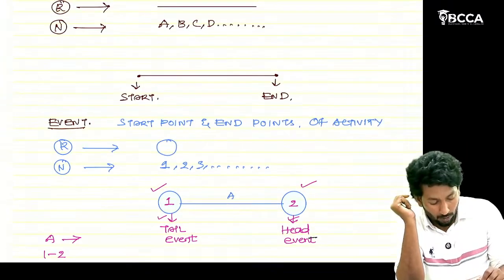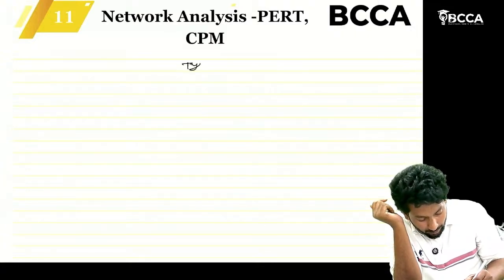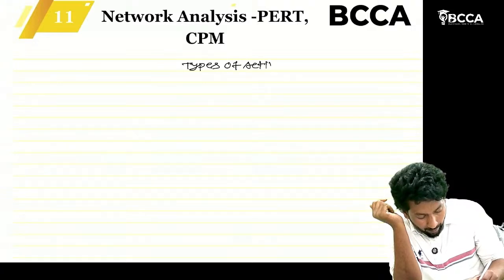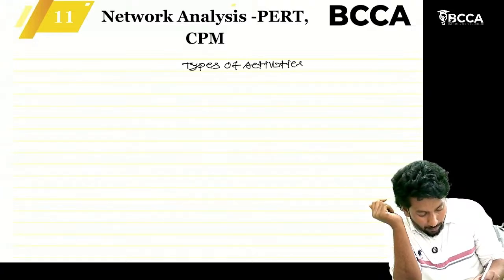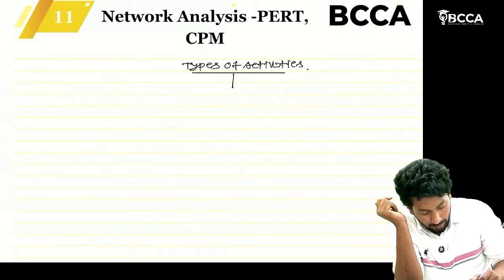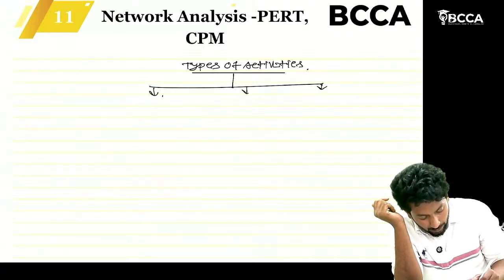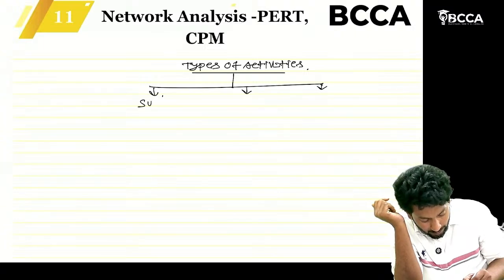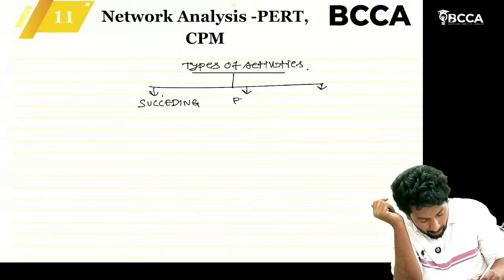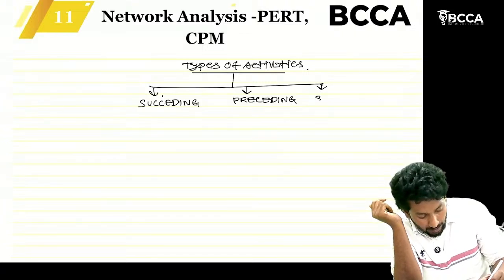Now let us discuss the types of activities and types of events. Here we have three types of activities: preceding activity, succeeding activity, and simultaneous activities.